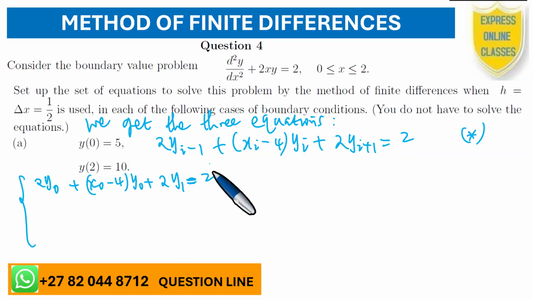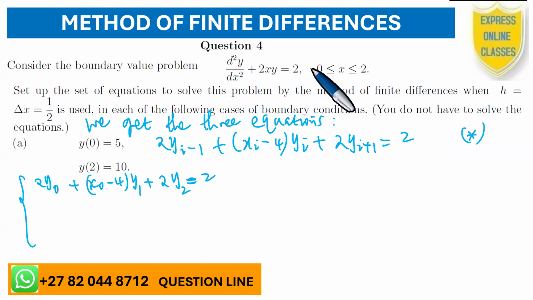Okay, so if we put y1, it's going to be 1 and then 2 here. In other words, we're going to make i equal to 1 here. Why do we choose i equals 1? Well, we choose i equals 1 simply because when i is 1, we're going to get y0, which is our first value, sort of our 0th value, our initial point. Because if we take i equals 0, then it's going to be 0 minus 1.